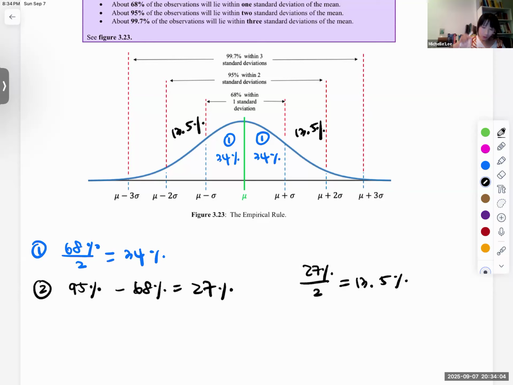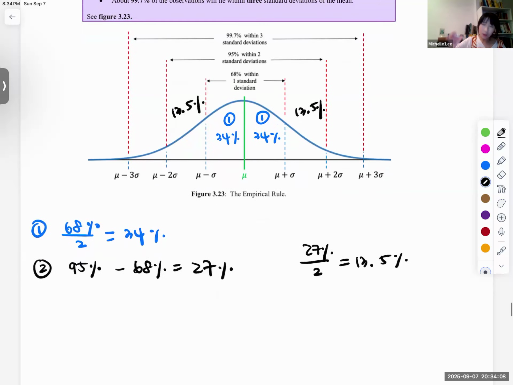Okay, now if we have 99.7%, but 95% occupied inside, right? So number three, 99.7%, but inside has 95%. What do you get? So we get 4.7%. So we divide by 2.